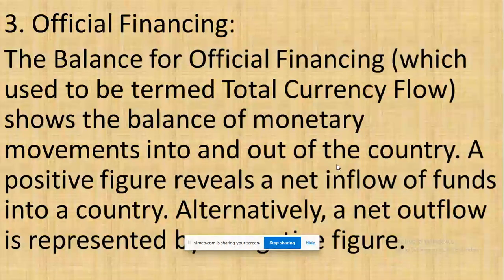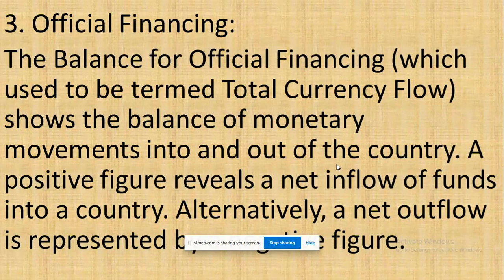Okay, and the last component is called official financing. Balance of payment for official financing can also be called total currency flow, which shows the balance of monetary movements into or out of the country.